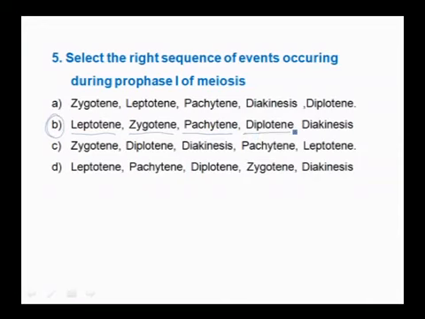Diplotene is a stage where the crossing over almost ends and terminalization starts. Diakinesis is the end of prophase 1, where the remaining terminalization is completed. Therefore, prophase 1 is also completed.